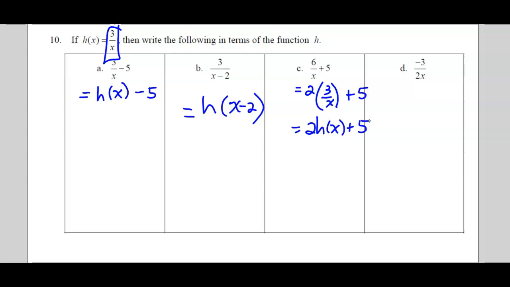Now D, we've got negative 3 over 2x. So we've got the 3, we've got the x, but we've got a negative in the numerator, 2 in the denominator as a factor. So there's a couple ways you could do this one. You could show this as negative 1/2 times 3 over x, so that would be negative 1/2 h of x.